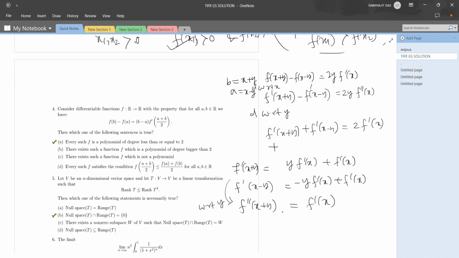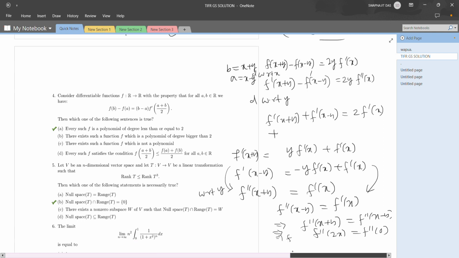And if you differentiate this one with respect to y, you will get that means f double prime x plus y equal to f double prime x minus y. If you put x equal to y, then f double prime 2x equal to f double prime 0.